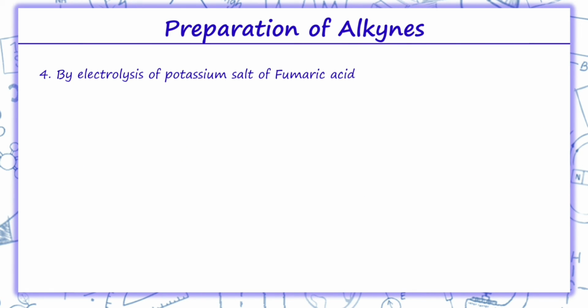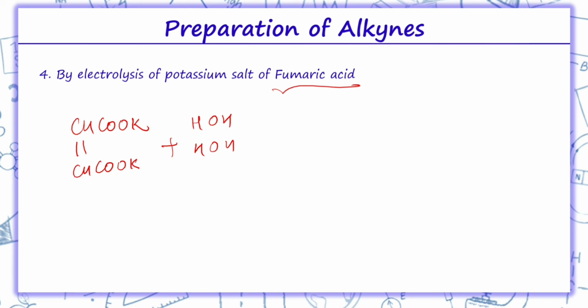Next is by electrolysis of potassium salt of fumaric acid. This electrolysis we have already studied in alkanes. So now we will be taking fumaric acid. Fumaric acid is CHCOOK double bond CHCOOK. On electrolysis of this we will get alkynes. The same method is followed over here.